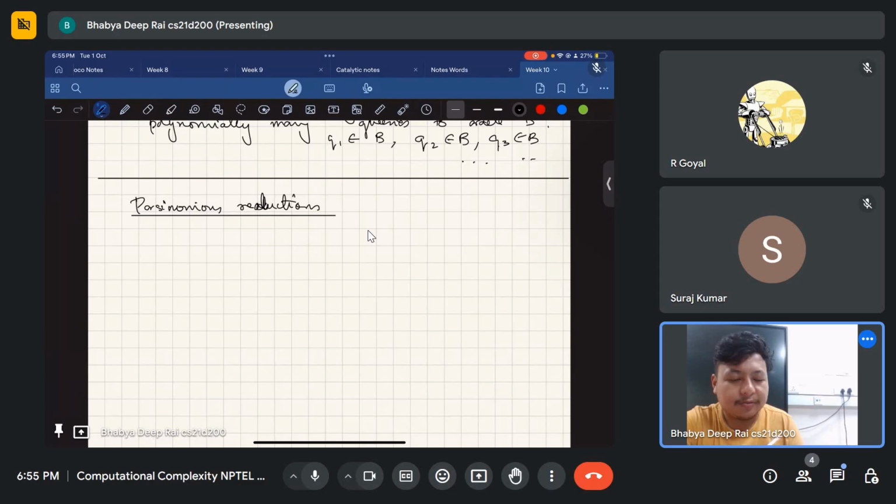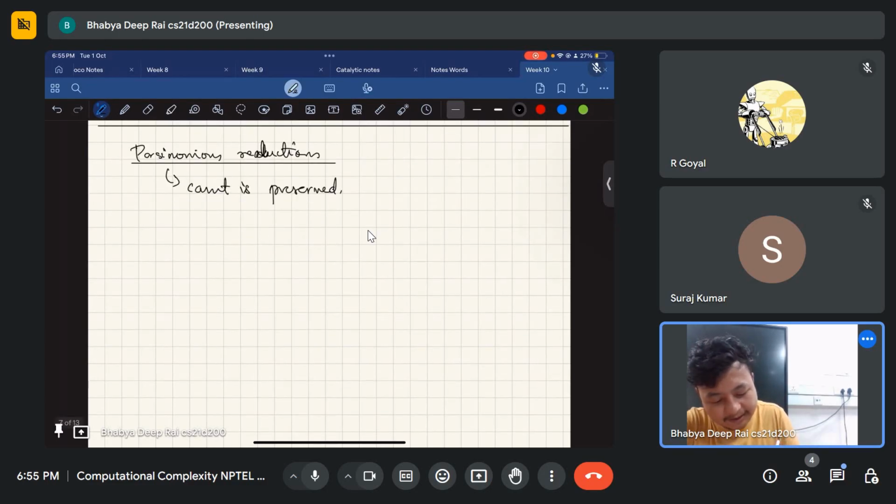Now what are parsimonious reductions? This simply means that the count is preserved. Let's say A reduces to B, and both A and B are counting problems.